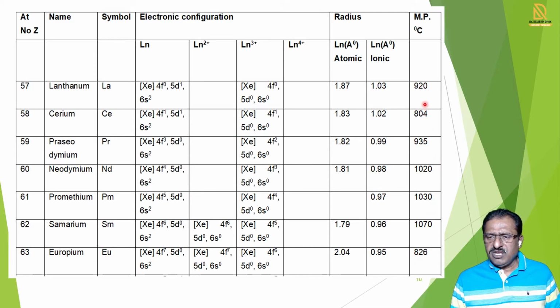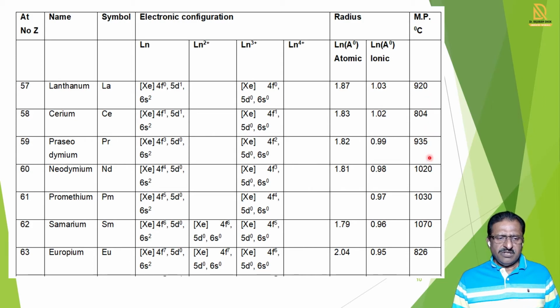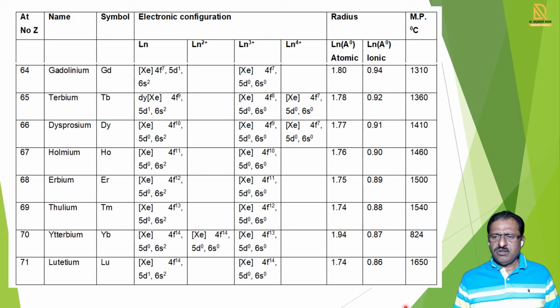So if we see the melting point, lanthanum is 920 degree centigrade, cerium 804 degree centigrade, then neodymium 1020, promethium 1030, and all others. So here the electronic configurations in the different oxidation states are given. You can see all this in detail at home, because we do not discuss all the points here.